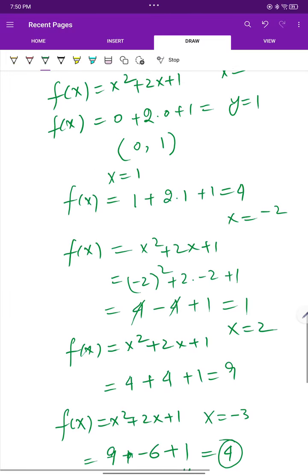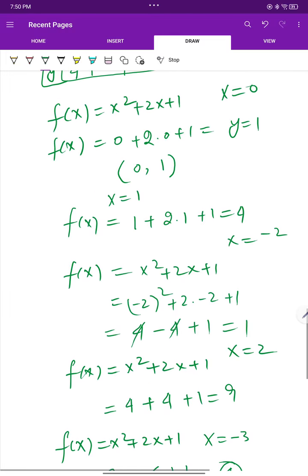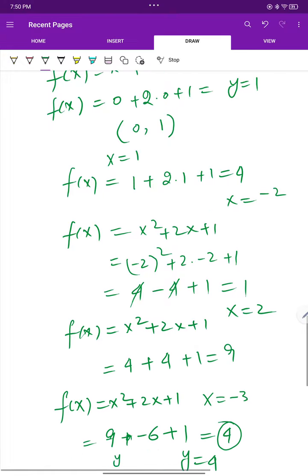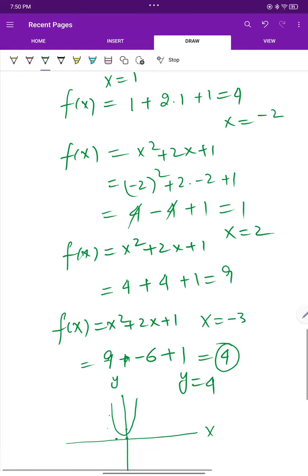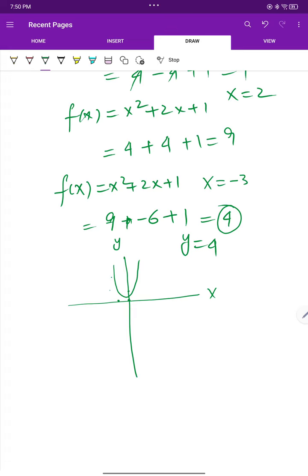And the next one is 0, where x is 0 and y is equal to 1. And then you put all the values here that you got. So you will get the parabola in this shape, or another shape, when a is positive.